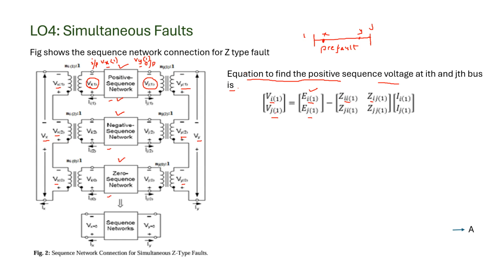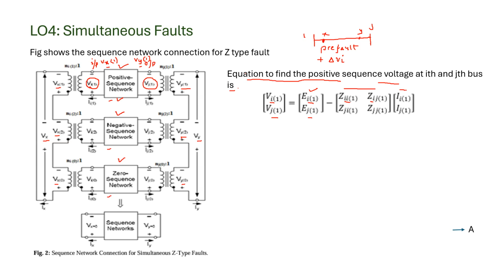Vi1 is equal to the pre-fault voltage plus the change in the voltage at the bus. This delta is found from the Thevenin passive network of the positive sequence network.